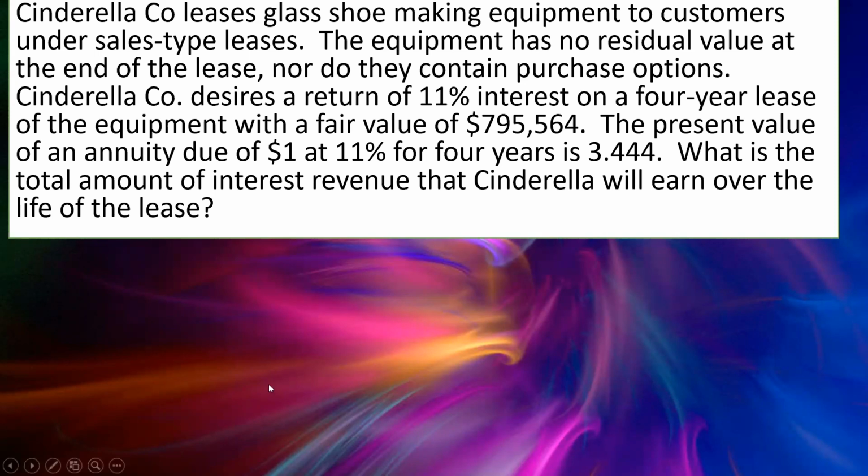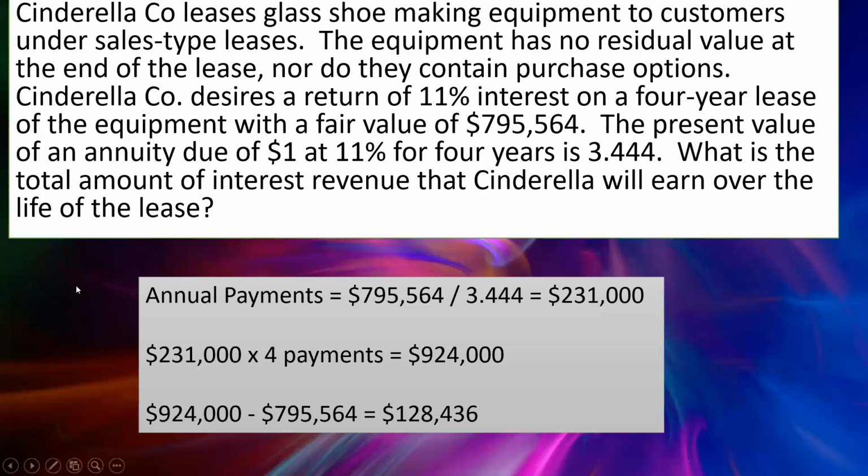All right. So what we want to do here is figure out first, what are the payments going to be? And then we'll see how much in excess are they making in payments over the fair value, and that difference is going to be the interest earned. So the annual payments, you're going to take the fair value of the equipment and divide it by the present value factor.